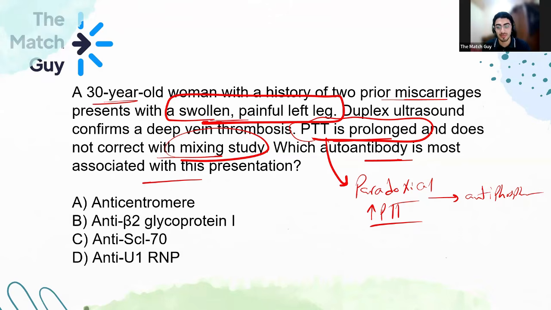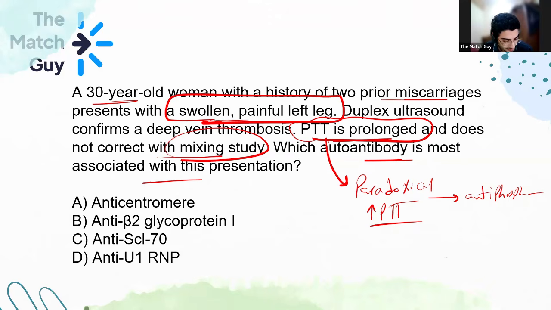Because of one of the autoantibodies associated with antiphospholipid syndrome. What do we call the antibody that can cause paradoxical increase in PTT? Nope.